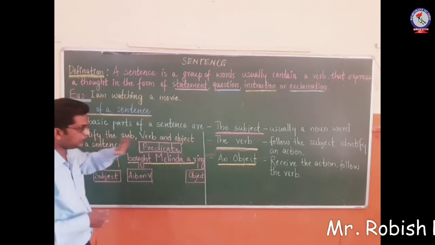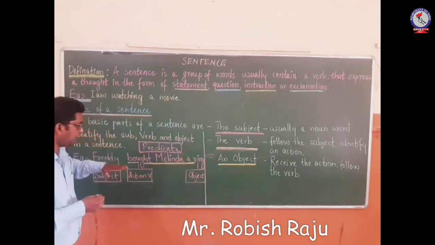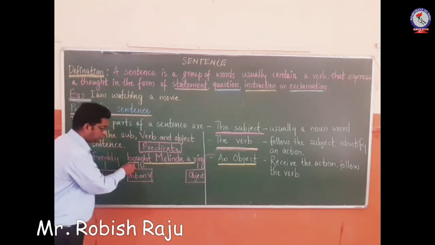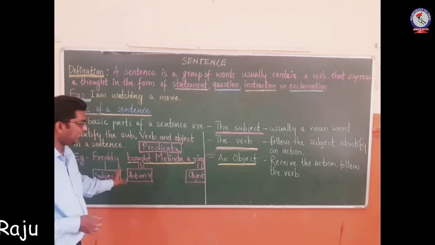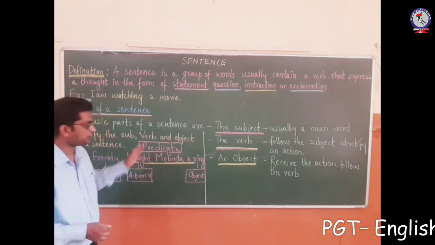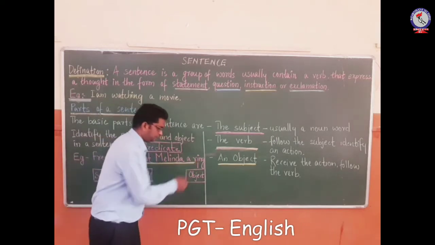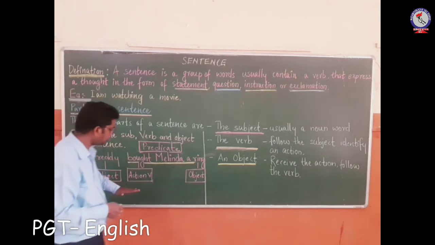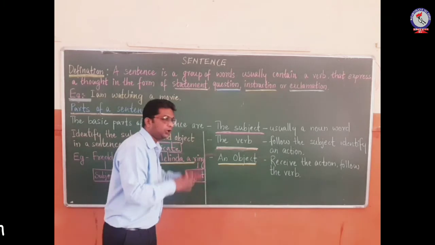And the second part, the verb. See, in the sentence, the action verb that carries the action is bought. Hence, this would be the action verb. And if we see in the sentence, the object that receives the action and follows the verb, that will be the ring. So here, subject is identified, action verb is identified, object is identified.